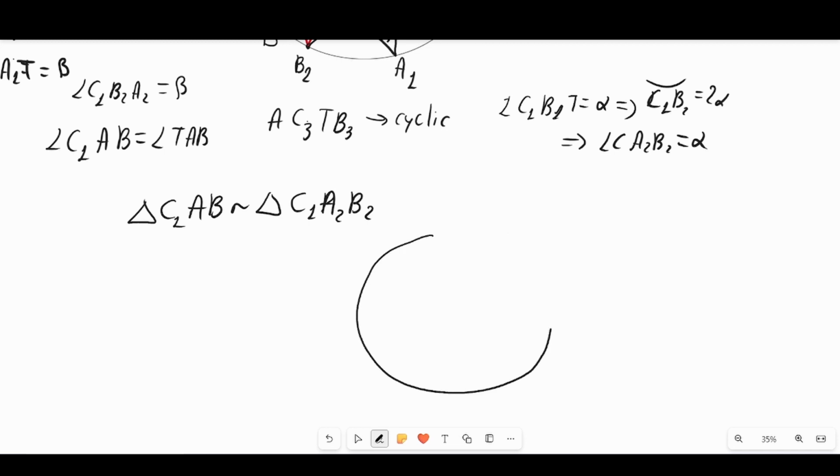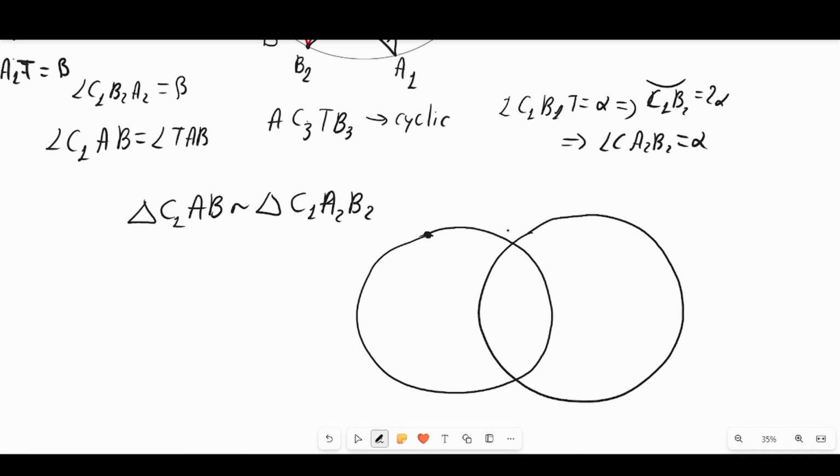If we are given two circles which meet at points X and Y, and we are given two lines which pass through X, call the points K, L, M, N, then Y is the center of the spiral similarity which takes KL to NM.